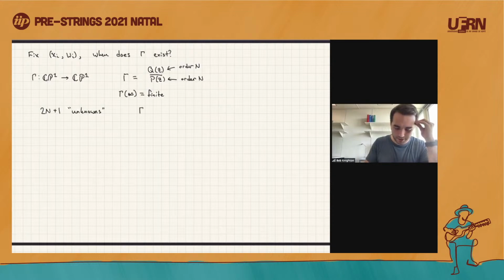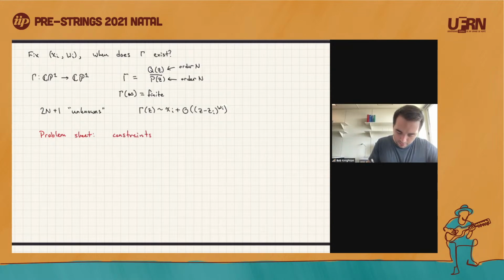But then you have constraints, which is that gamma has to have the appropriate local behavior. And the problem on the problem sheet is basically to show that the number of constraints minus the number of unknowns is n minus 3.